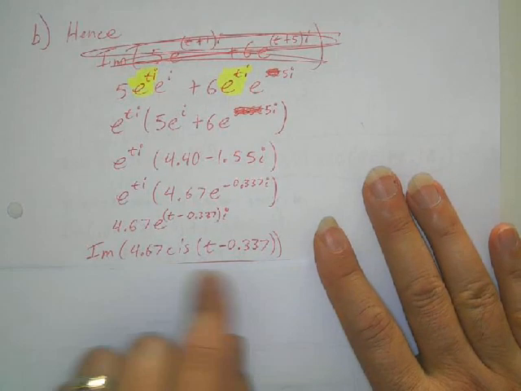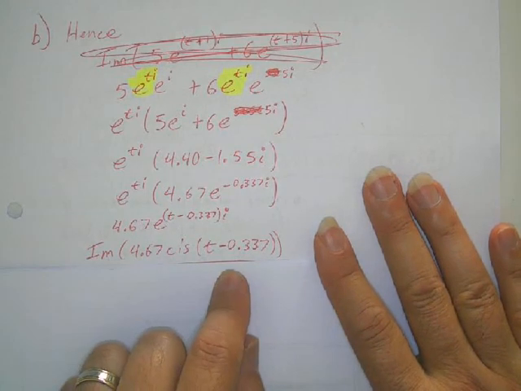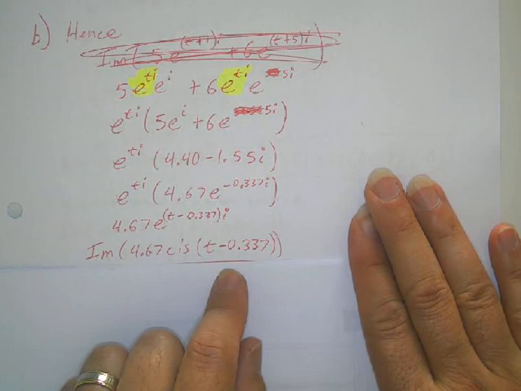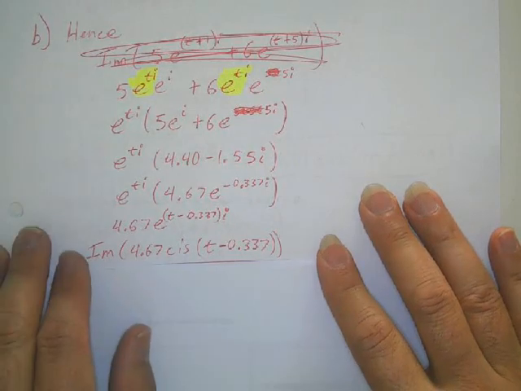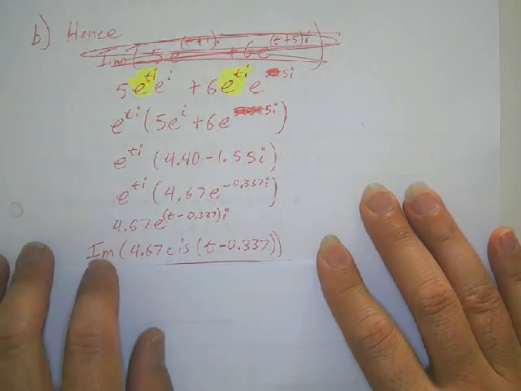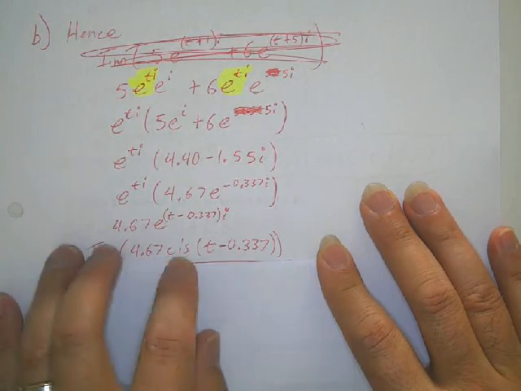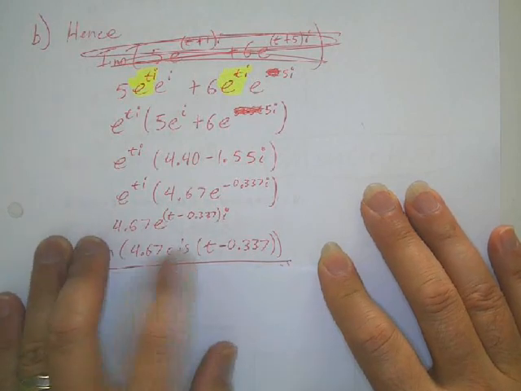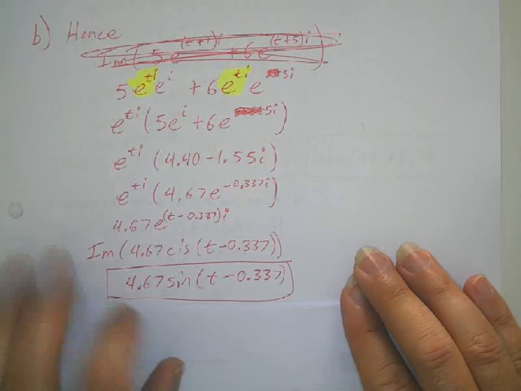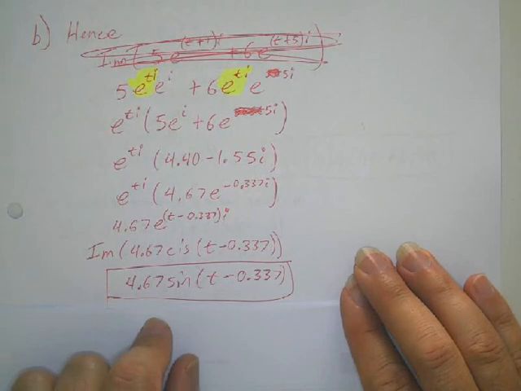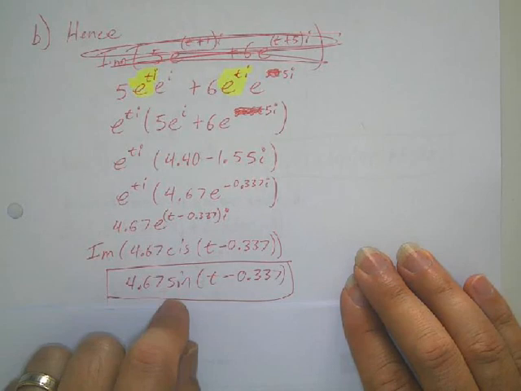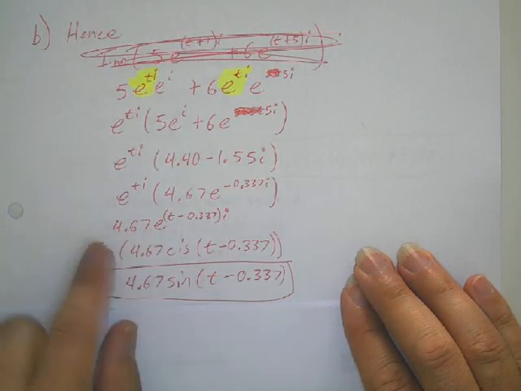when I'm back in polar form, now I can rearrange it. Since we're only dealing with the imaginary part, instead of writing cis, I'm going to write sine, because the imaginary part of this complex number is with sine, not cosine, because that would be the real part.